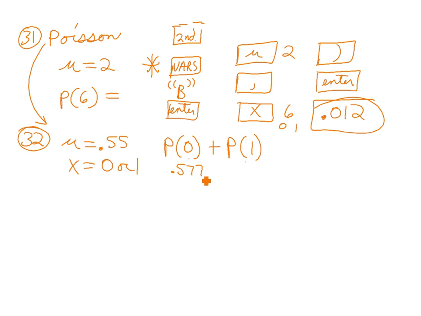That means about 58% of the time in a day they're going to get 0 calls, and then 1 call, about 32%, 0.317. Then I'm just going to add those two together, and I got 0.894. So about 89% of the time that fire station is going to get 0 or 1 call in a day.